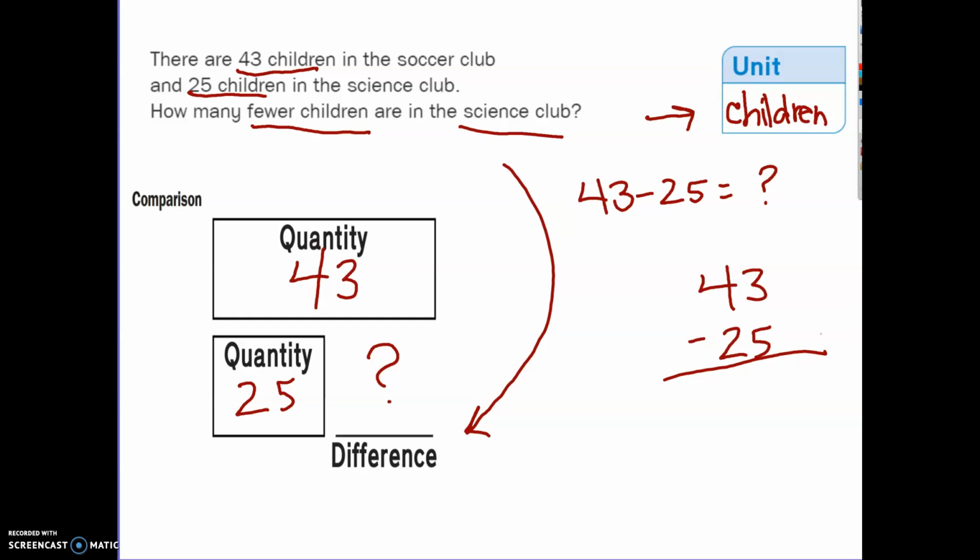Either way is fine. It's going to give you the correct answer. So the difference between 43 and 25 is 18. So that means there are 18 fewer children in the science club than the soccer club.